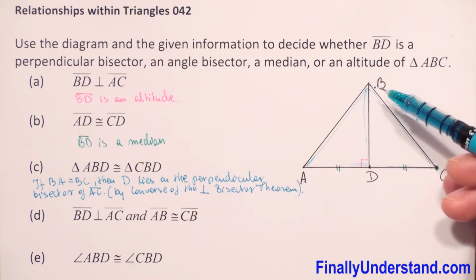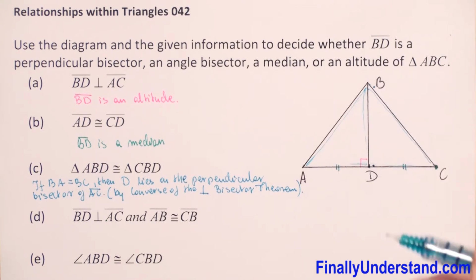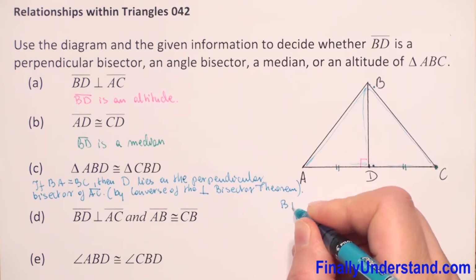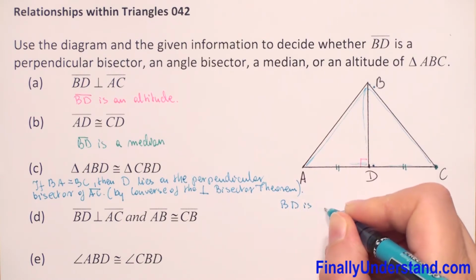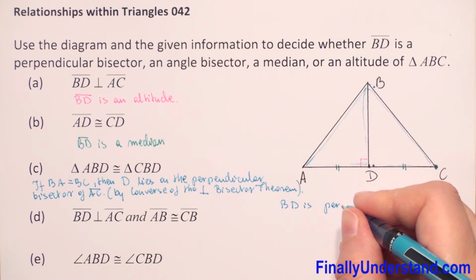We have that BD is a perpendicular bisector. So let me write this. BD is a perpendicular bisector.